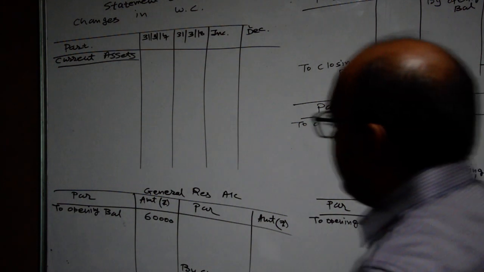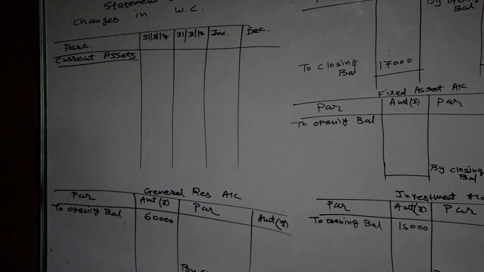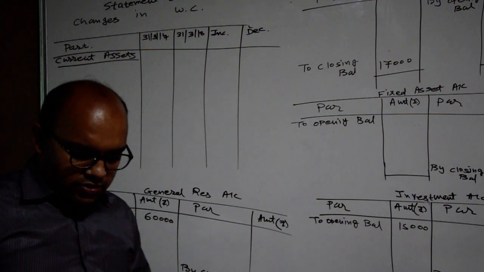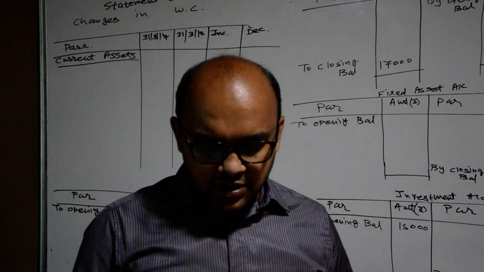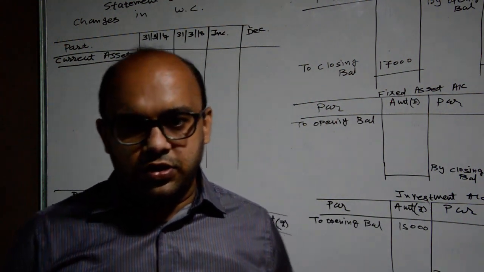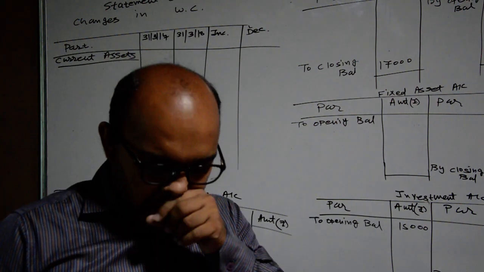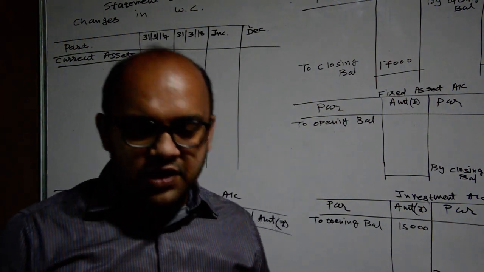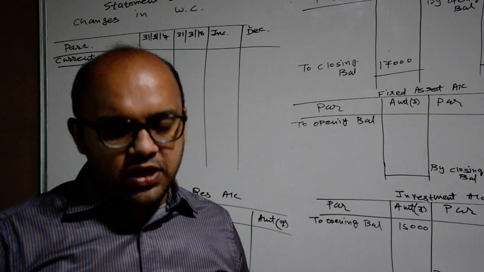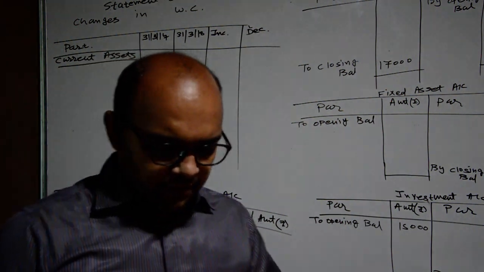For current assets, we have to check the asset side of the balance sheet. Fixed assets and investments are not current assets. After that, stock, debtors and cash and bank, these three items will be considered as current assets. Preliminary expenses are not current assets.